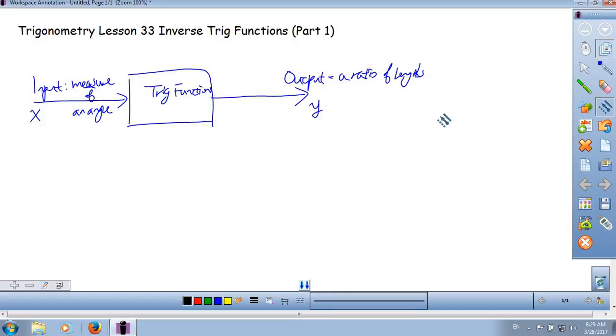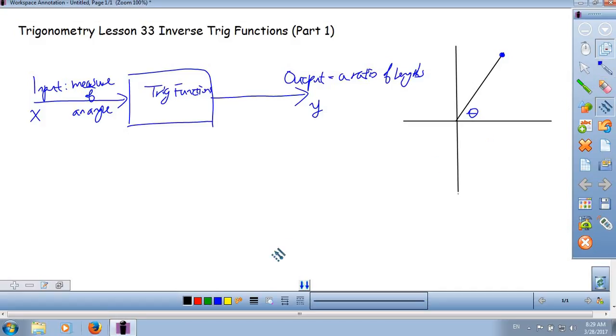So if I go ahead and draw a diagram very quickly, when we rotate the terminal side to a certain place, we call this a terminal point, and this is the angle theta.